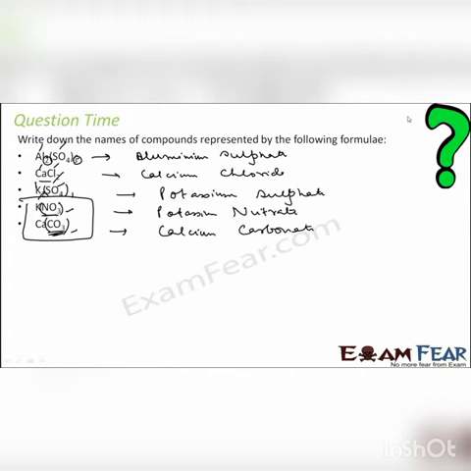Don't write the name as calcium, carbon, oxygen. You have to understand that CO3 is a polyatomic ion. So the polyatomic ions are CO3 2 minus, NO3 1 minus, SO4 2 minus, OH 1 minus. Anything else I could think of? Yeah, mostly you'll see these kinds of polyatomic ions.